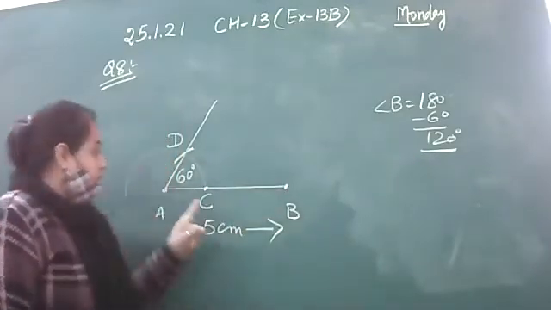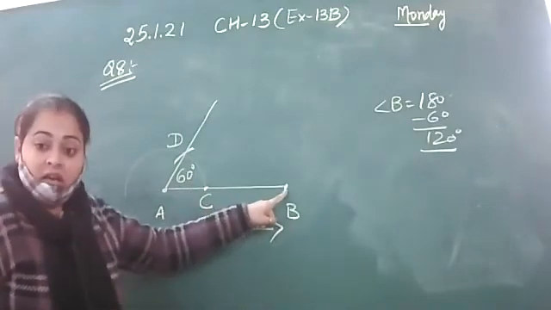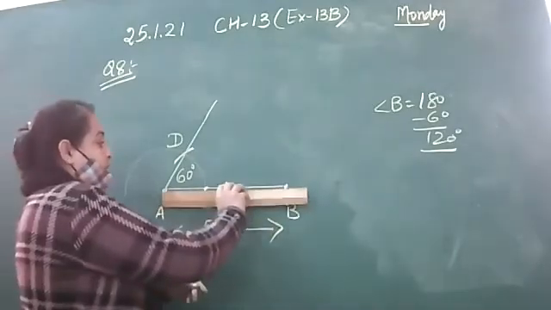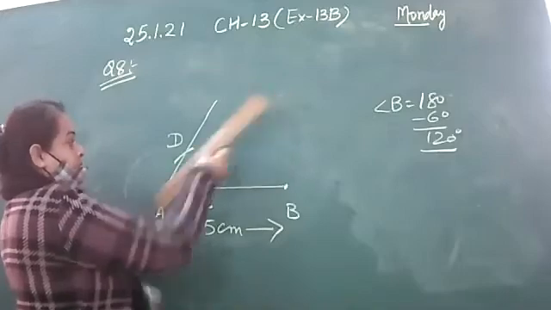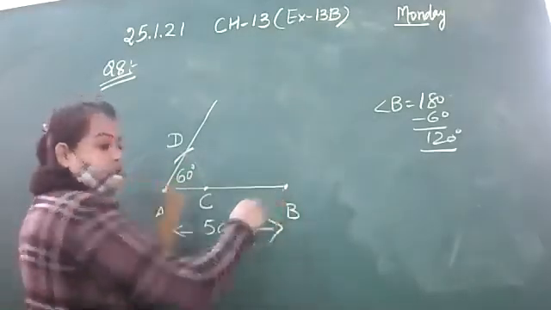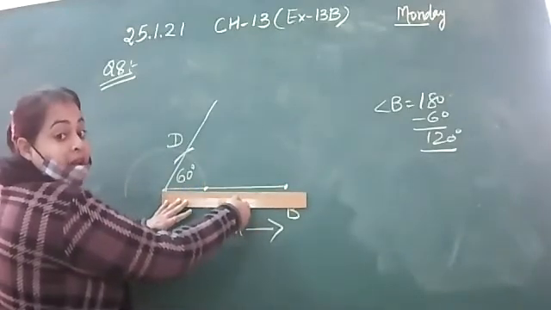Okay, if this is 60 degree, then this next angle, this is not opposite. Angles on one line are not called opposite. These are opposite, these ones, like this. These angles are opposite. This is not opposite angle. These angles are on the same line.